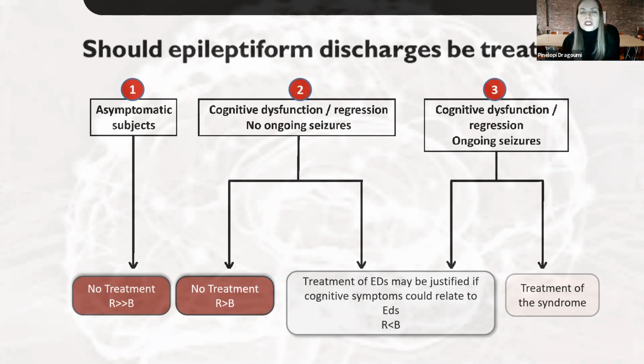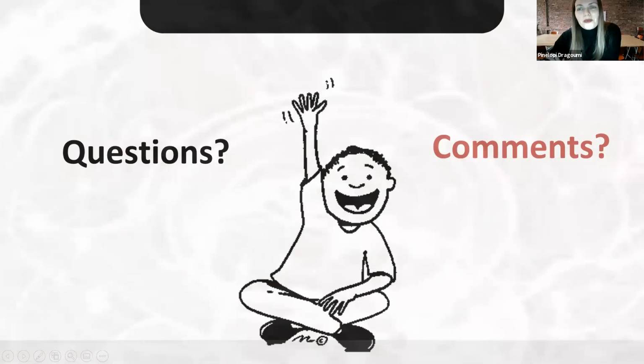When we have some cognitive dysfunction with no seizures and florid epileptiform discharges, we should only treat when we are sure that there is a relation between the two and a correlation. And when we have ongoing seizures with cognitive dysfunction, then we certainly should treat the syndrome. And I'll stop here and give you guys time for comment.